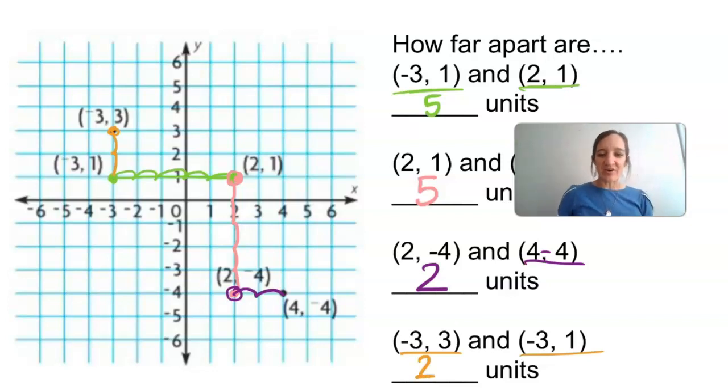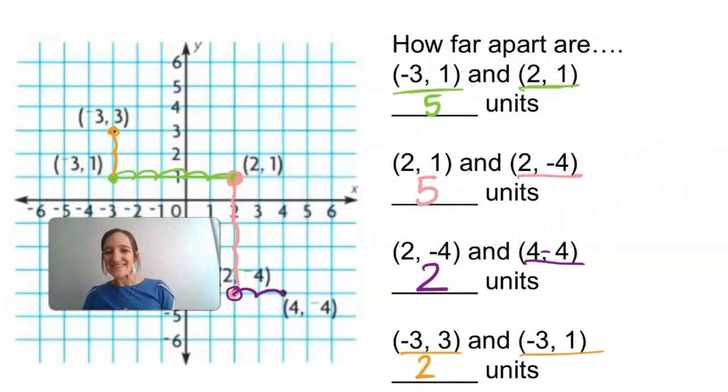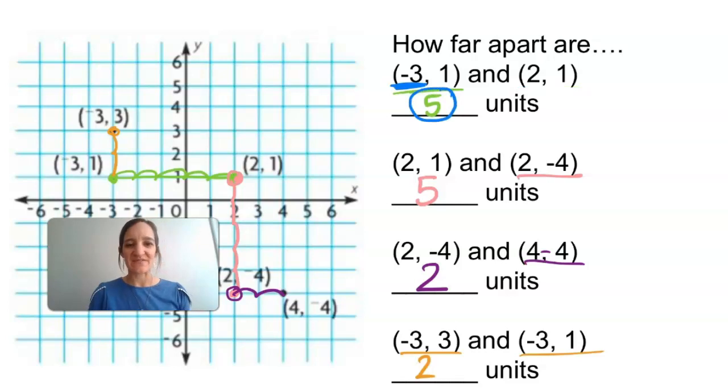Okay. So let's see if we can find some cool things that might help us to where we don't have to count it. The first thing I notice that's interesting is that 3 and 2, if we put them together, give us 5. Well, that makes sense, right? Because this is 3 away and this is 2 away.